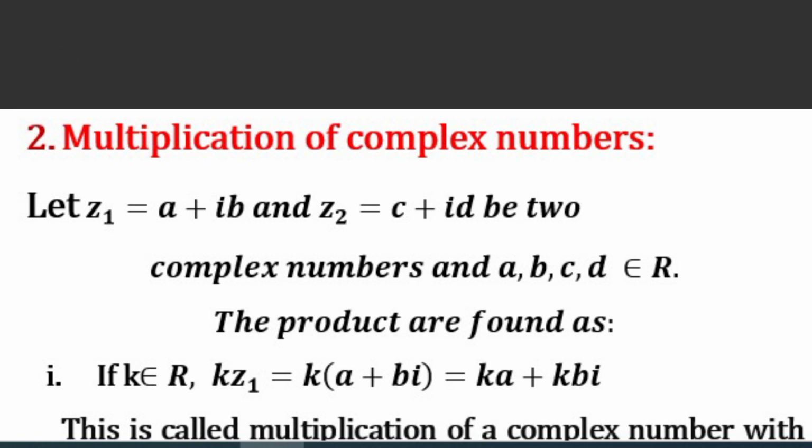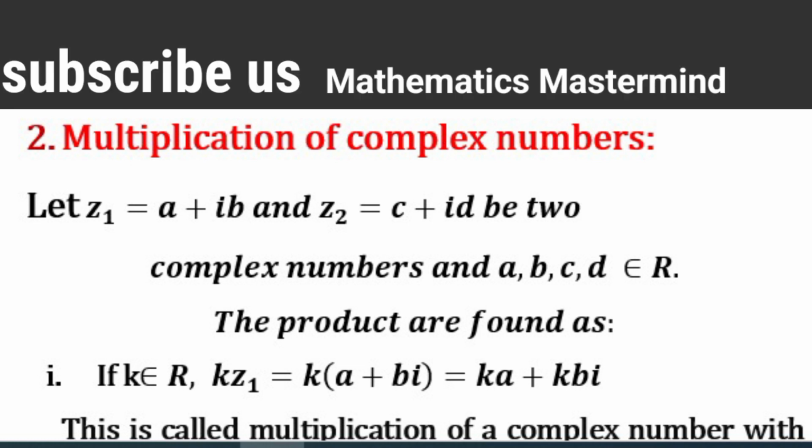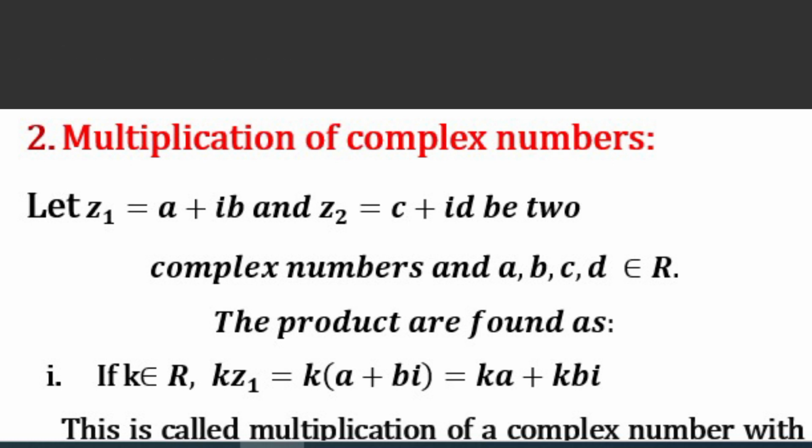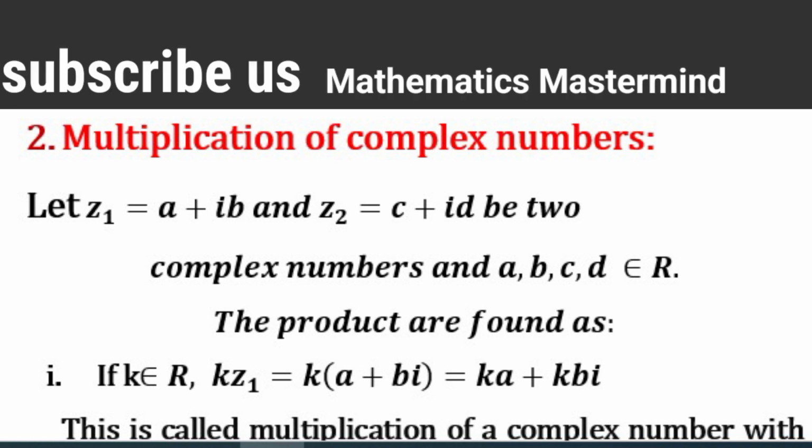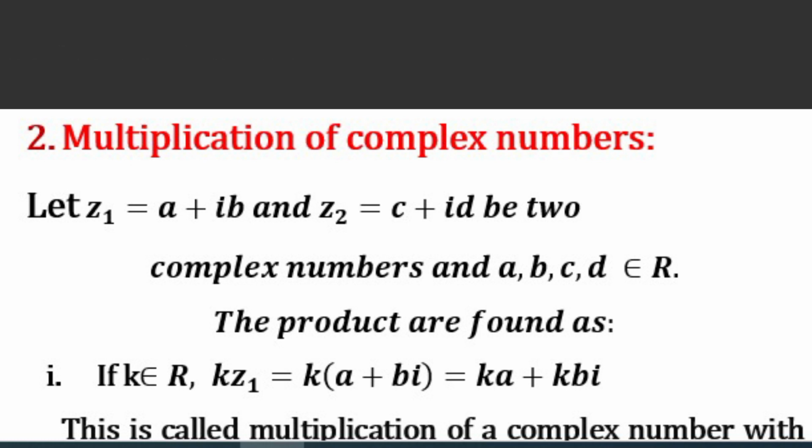Next, multiplication of complex numbers. Let we have two complex numbers z1 and z2. Their product has two cases. If we want to multiply a real number with a complex number, look at the statement.